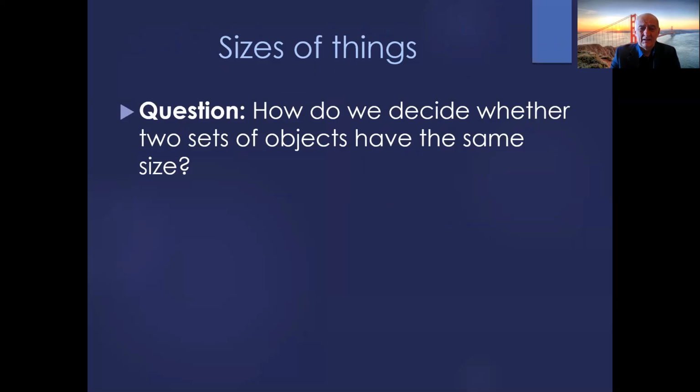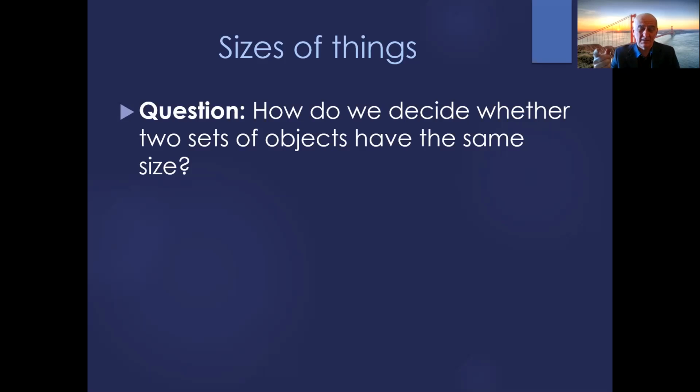And when we have two finite sets, there are 2 ways to identify in which set we have more elements. For example, we want to find out in the room whether there are more students or chairs. We have 2 ways.